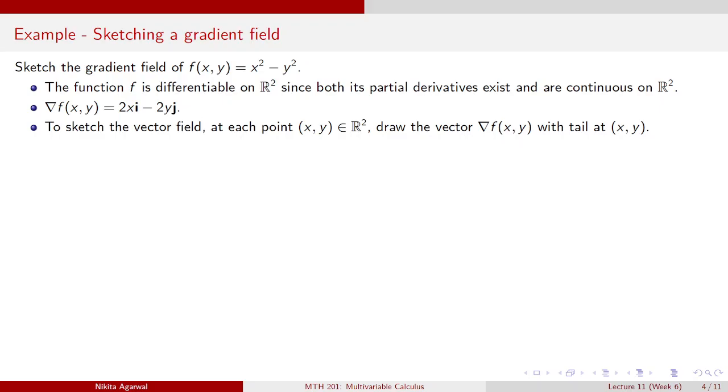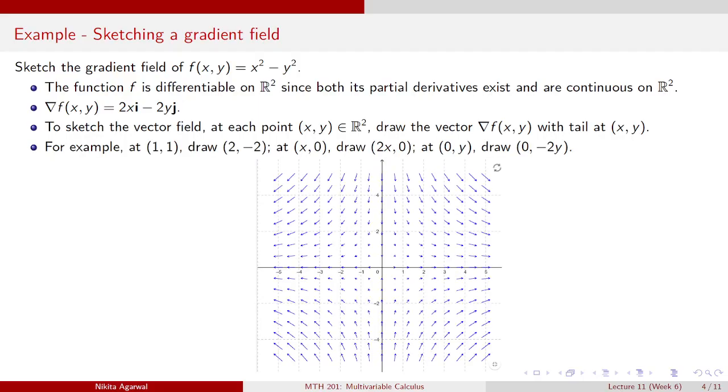A vector field assigns to every point in R2, in this case, a vector in R2. So how do you do that? At each point x comma y in R2, you draw the gradient vector with its tail at x comma y. You start at the point x comma y and you plot the gradient vector.